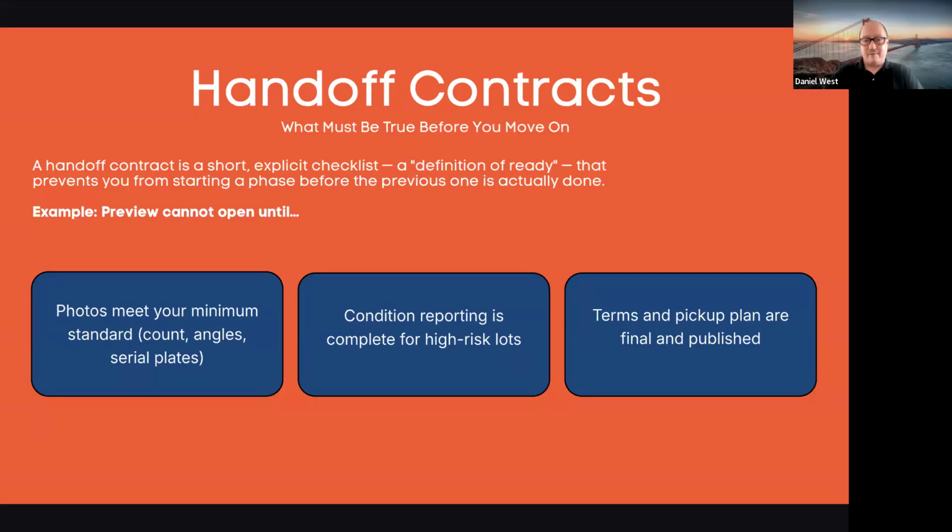You should have a high amount of good quality photos that show everything that can possibly be seen about the items that are being picked up. Also, you want to have very clear condition notes for the high value lots. If you know that there's something wrong with an item or that you have some concern, whether it's a scratch, a dent, or a weird sound, you can't hear a motor running through a picture.